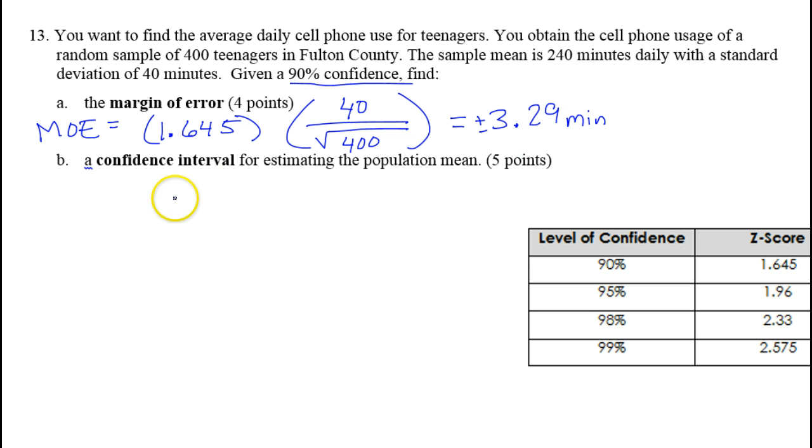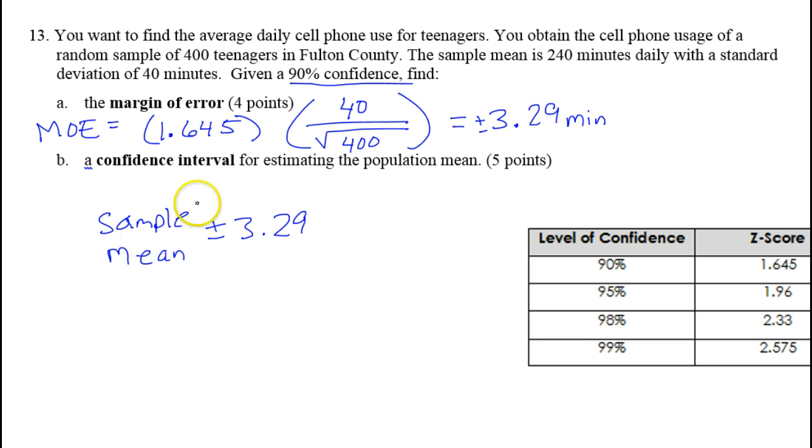Now, to find the confidence interval, we need to look back and see what the survey said. They didn't really say it in terms of a survey, they just kept saying sample. So what did the sample say? Or in other words, what is the sample mean, the sample average? Because we're going to take that sample mean and then add and subtract the margin of error.